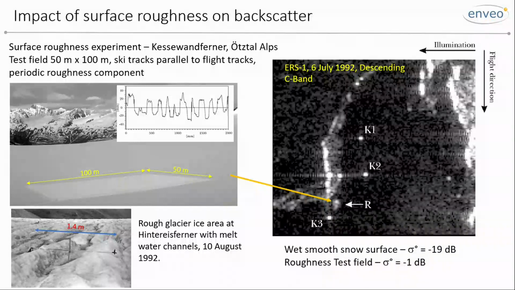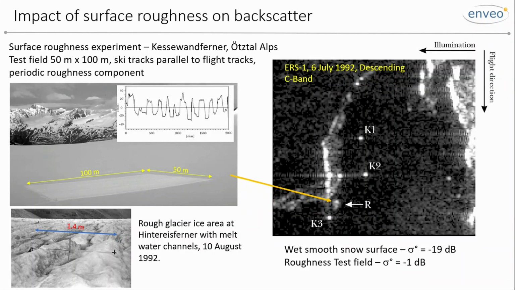But it shows that, of course, when you have two things which can change. One thing is the permittivity, so the liquid water content. On the other hand, during a couple of days, especially when, for example, rain falls on the snow, the roughness can also change. We have one measurement in principle.